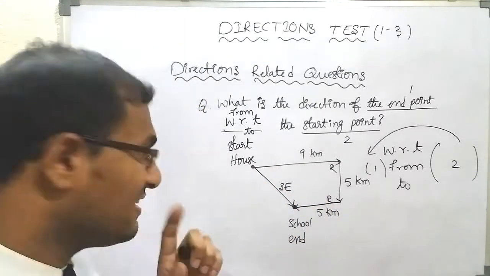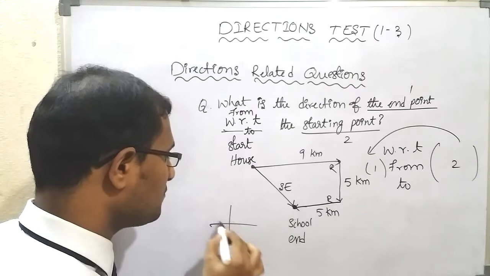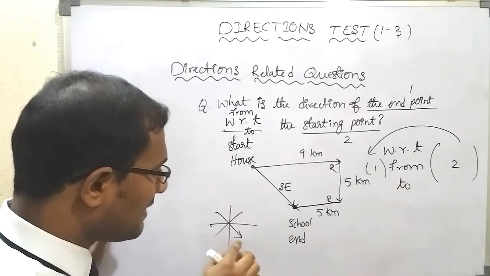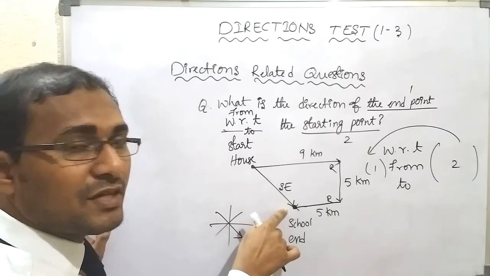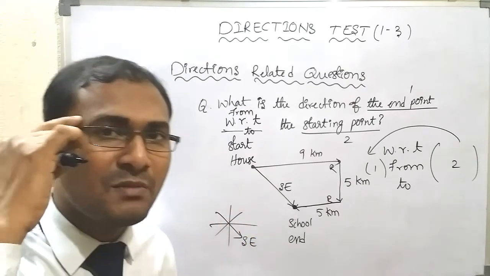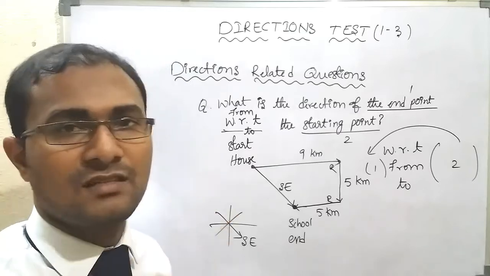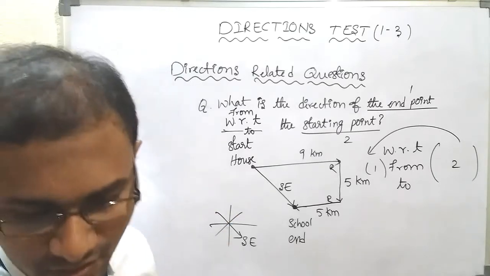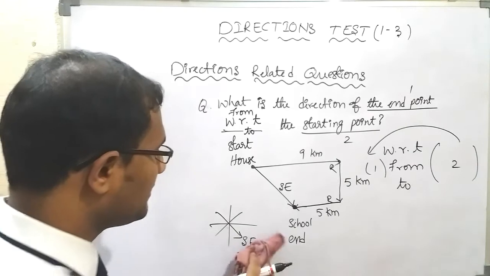Imagine the standard directions. So this is the line we got here, and this is nothing but southeast. We must remember these directions in our mind so that we can answer the question in less time. So the answer for this question is southeast.